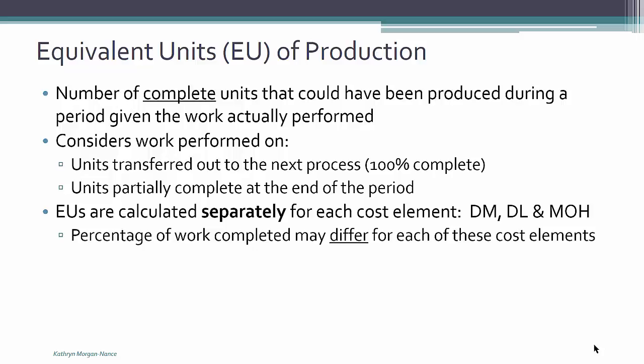This is true in many process industries such as oil refining, aluminum, paper, chemical, and pharmaceutical industries. So you'll sometimes see the calculation of equivalent units for conversion cost. So let's consider then how to think about equivalent units next.